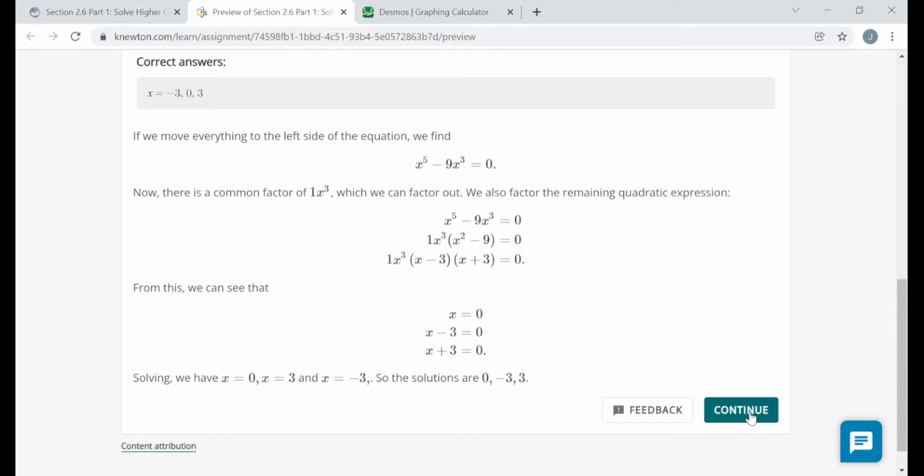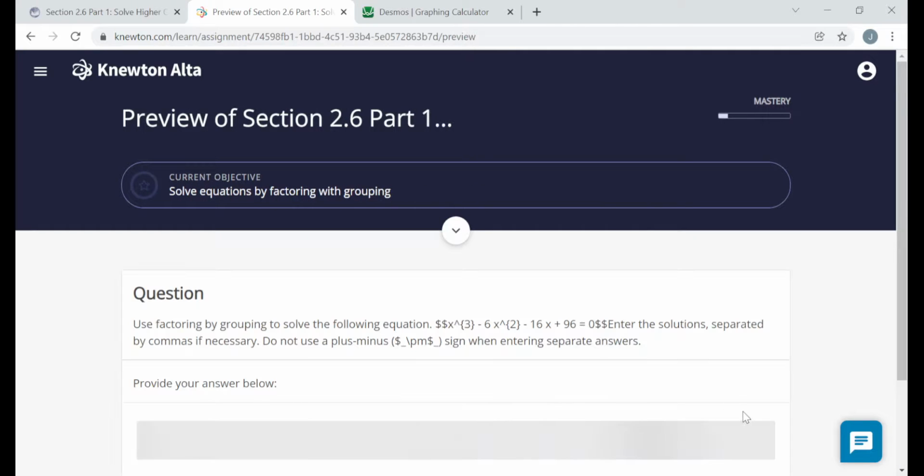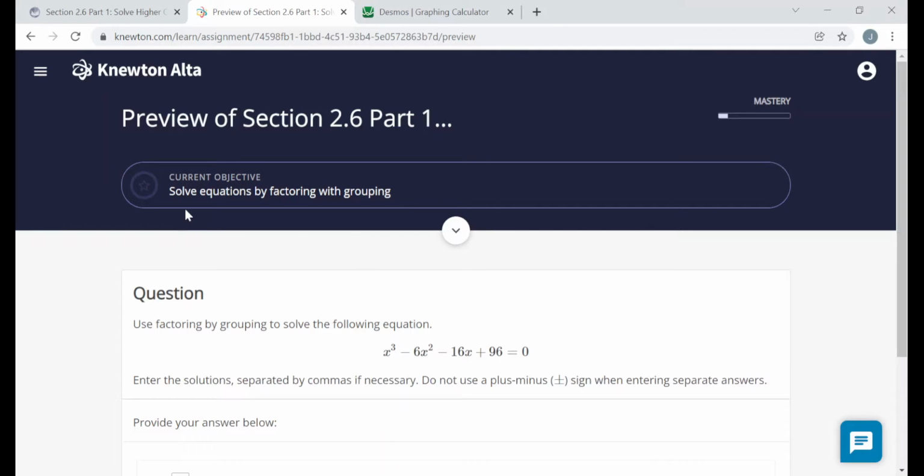All right, next question. So this time we're on the solve equations by factoring still. So it's the same procedure. You take everything to one side, 0 on the other, factor the expression on the one side completely, then use the zero product property to break it up and solve each of those separate equations and check your answers.